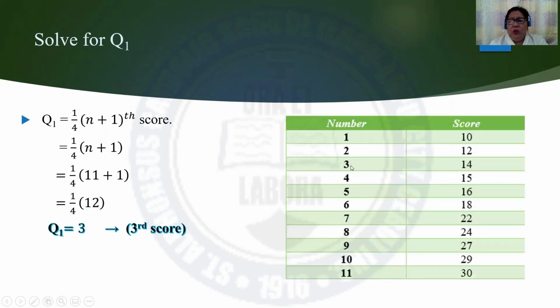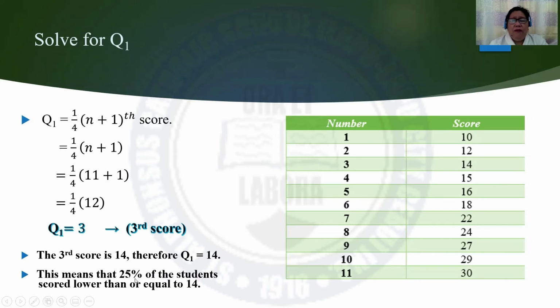So the third score is 14. Therefore, the first quartile is 14. And this will mean that 25% of the students scored lower than or equal to 14. So 10 and 12 belong to the lower 25% of the data.